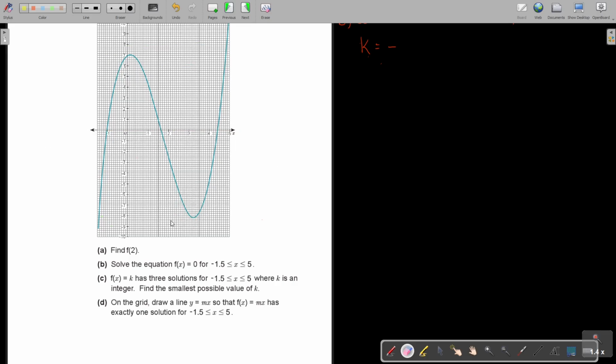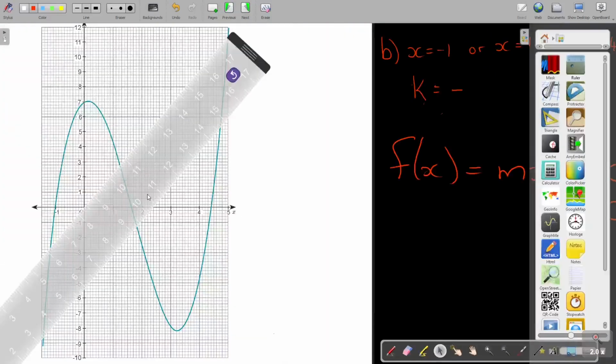Now, they said here that it's going to be mx, because it's y equals f(x), or rather let's put it correctly, f(x) equals mx. So the value of c is 0. So it means it goes through the origin. Okay, that you must see. So the best way will be to take a ruler.